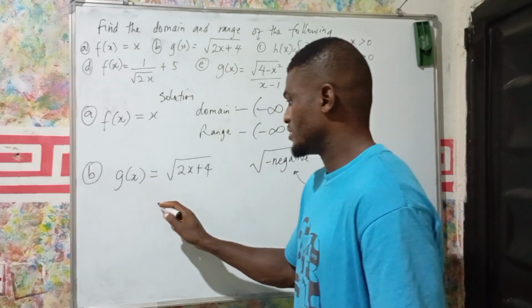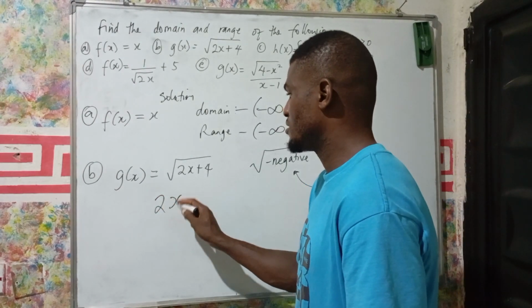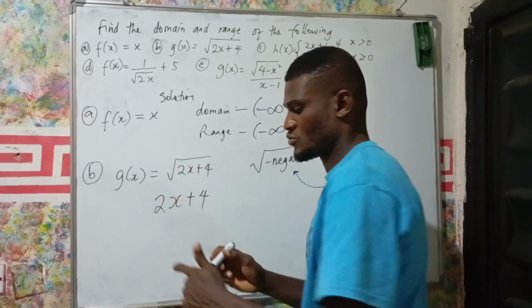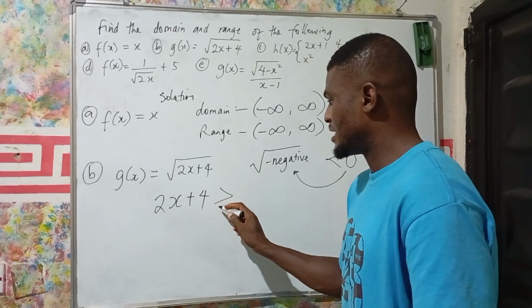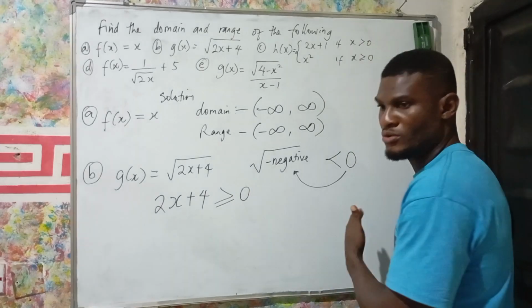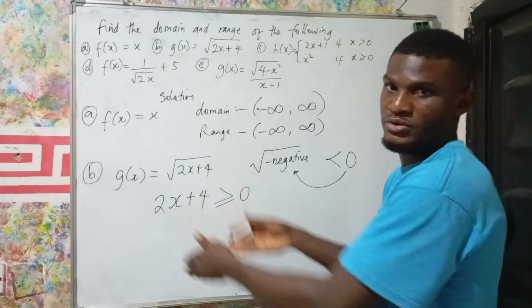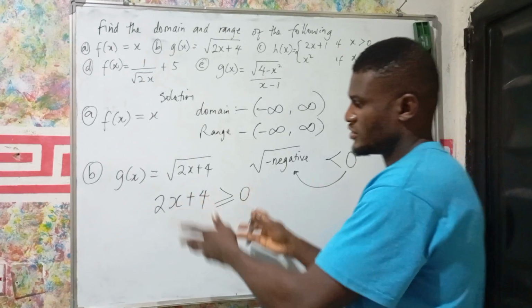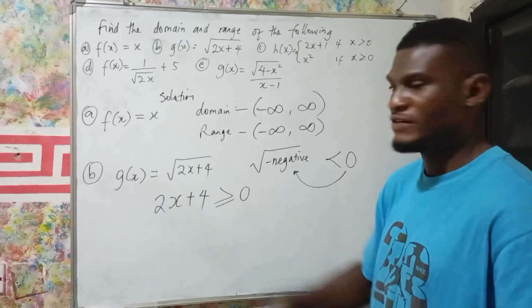So now the values that we need would be if 2x plus 4, which is the value inside the square root, is greater than or equal to 0. That means this value should be greater than 0, or this value can be 0 itself. Now we can solve this inequality to find the actual value of x.